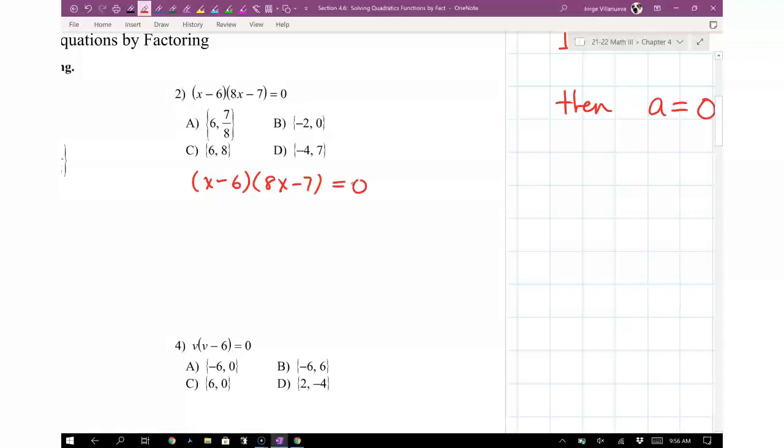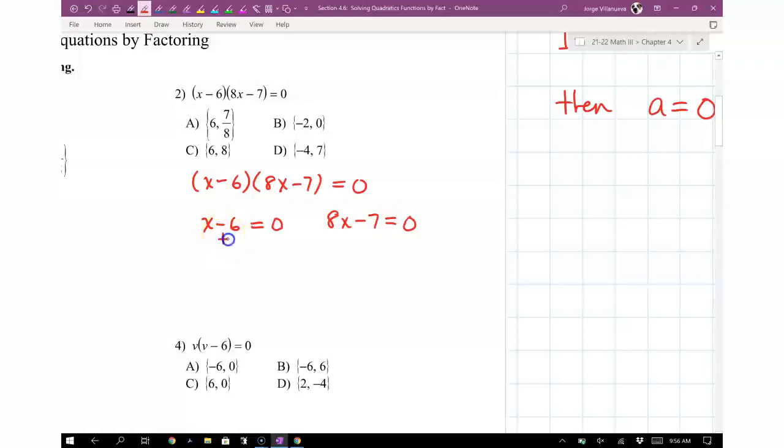So according to this property, either x minus 6 equals 0 or 8x minus 7 equals 0. One of those has to be 0.